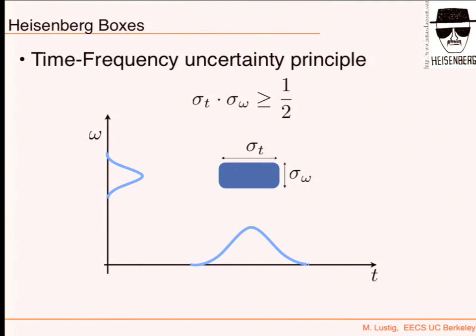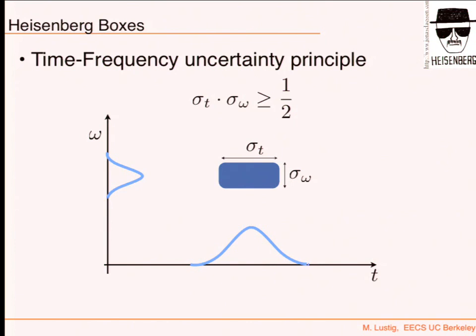Heisenberg boxes. This is really the time-frequency uncertainty principle, the Heisenberg uncertainty principle. It comes out everywhere, like in quantum mechanics. You cannot determine where a particle is and know exactly what its momentum is. All this stuff comes down to the same thing.